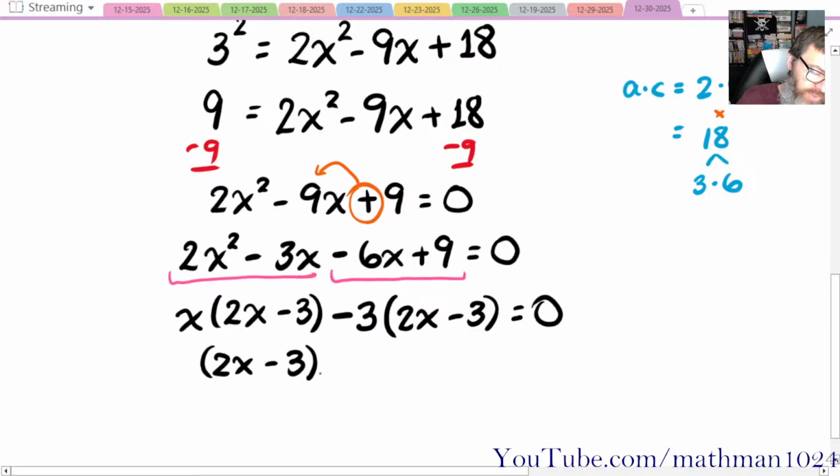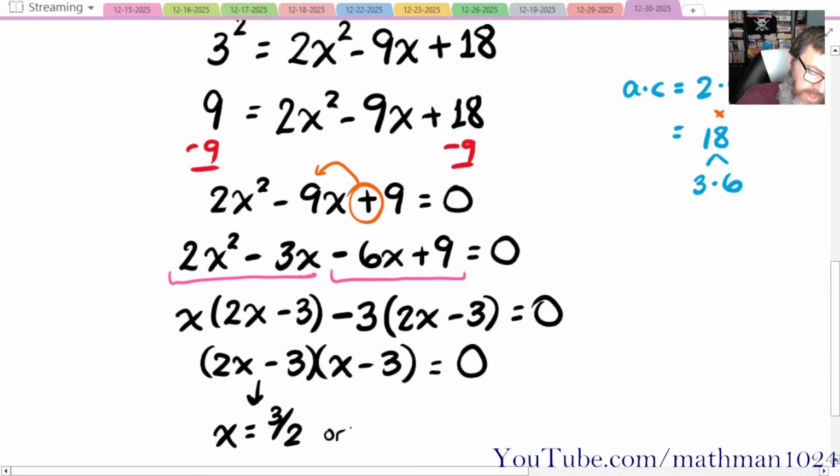So 2x minus 3 times x minus 3 is equal to 0, and then we solve this. So from this first factor, x equals positive 3 halves. From the other factor, x equals 3.